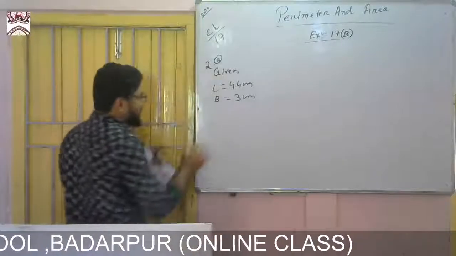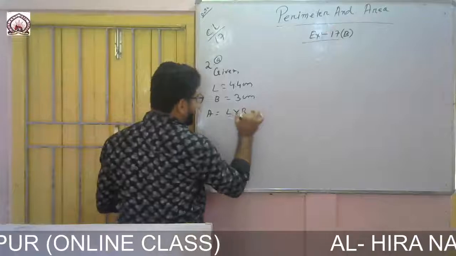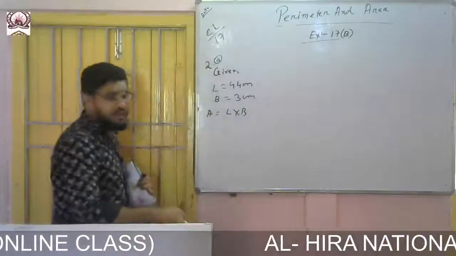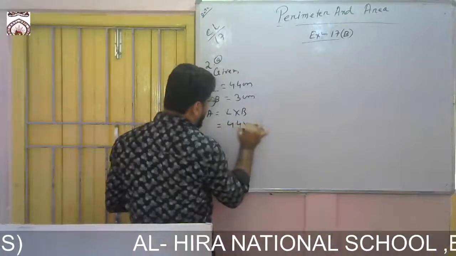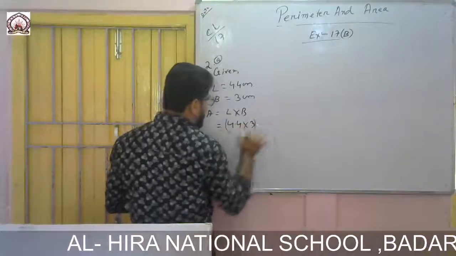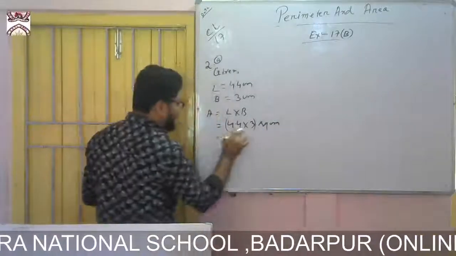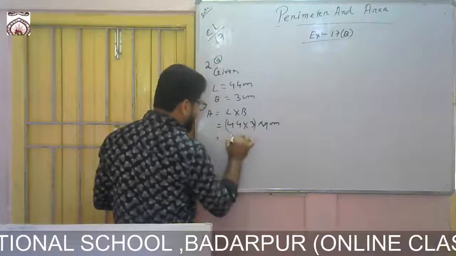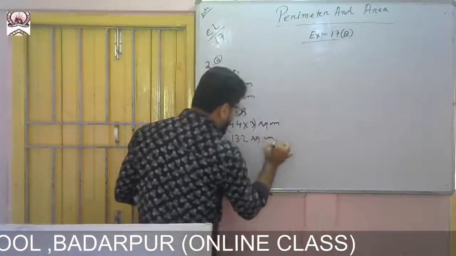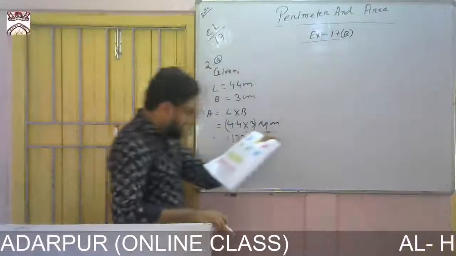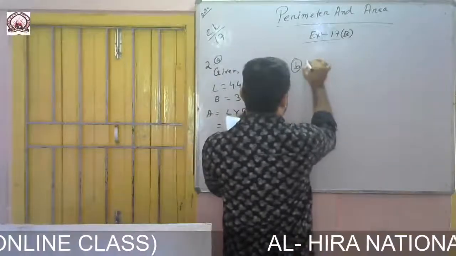Then area will be length into breadth, since it is a rectangle. So 4.4 into 3 square centimeter. 4 3s are 12, 4 3s are 12 and 1, 13. So 13.2 square centimeter. Now number B. In B what is given?